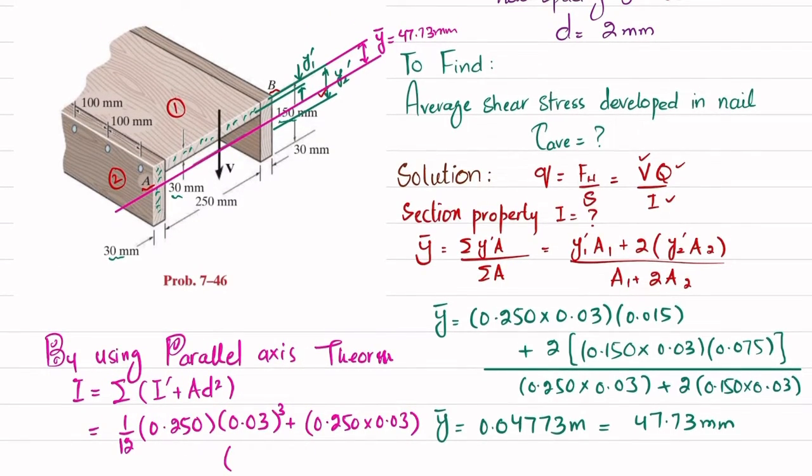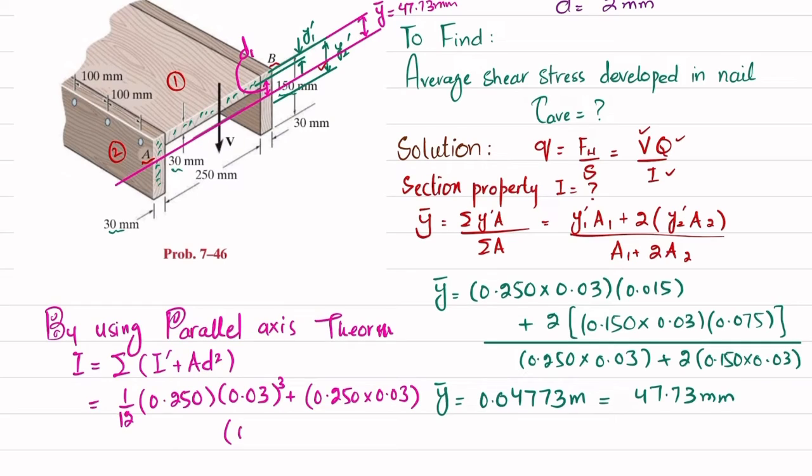It is the distance from the neutral axis to the mid of this section. This is your d1. You can see that d1 can be obtained if you subtract y1 dash from y bar. So y bar in meter is 0.04773 minus y1 dash, 0.015, whole square, plus 2 times 1 over 12.